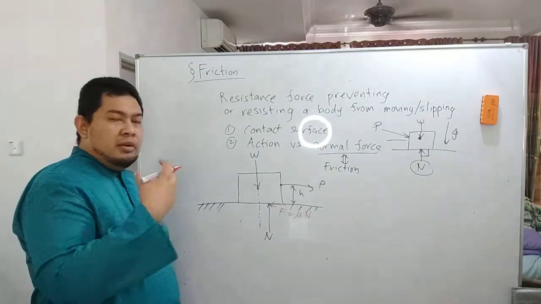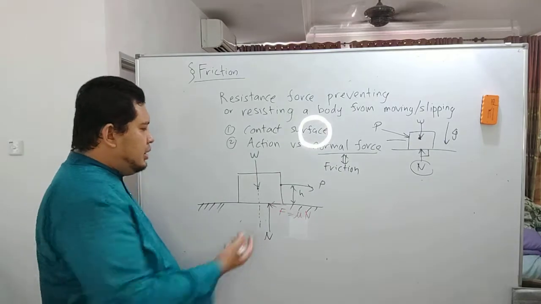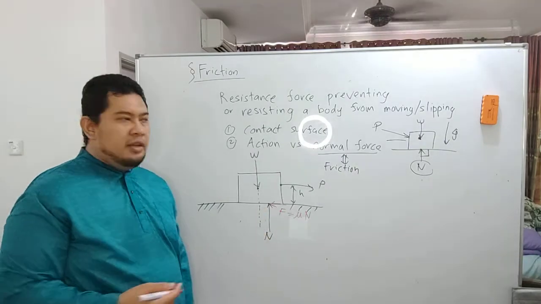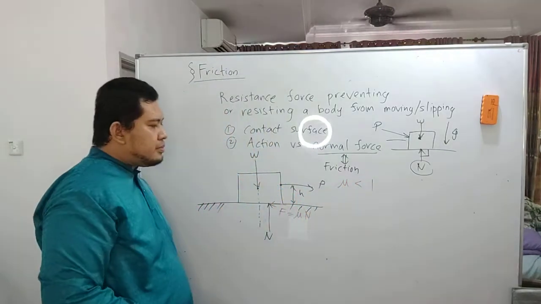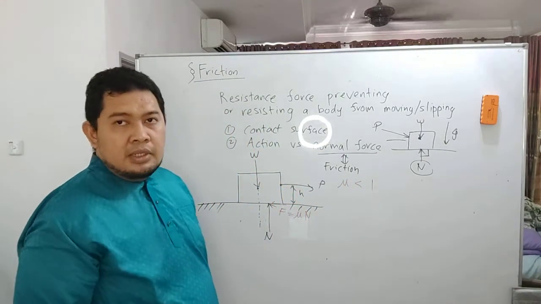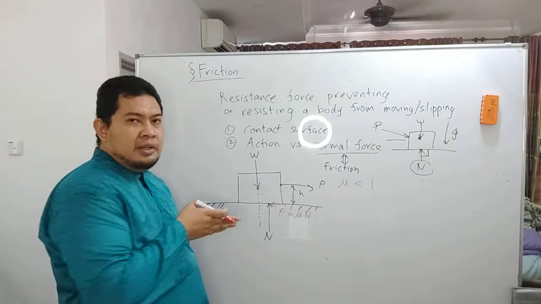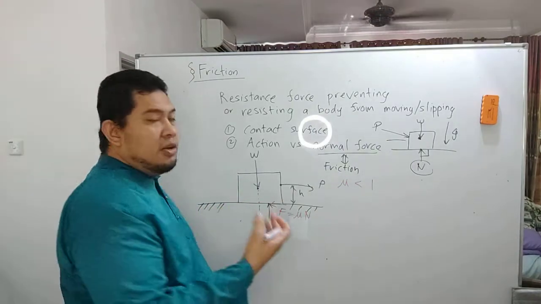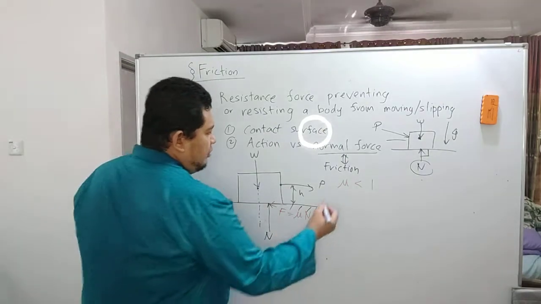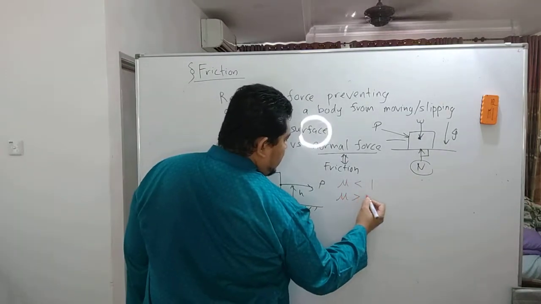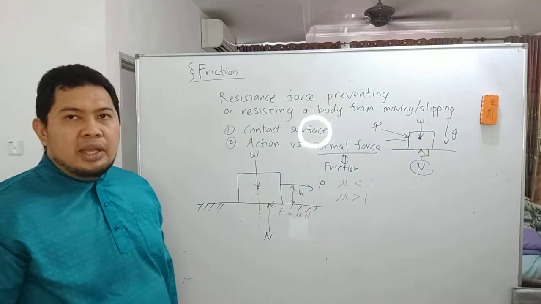If the mu value is less than 1, that means you have a very smooth surface. If you have mu much bigger than 1, then you have a lot of friction.